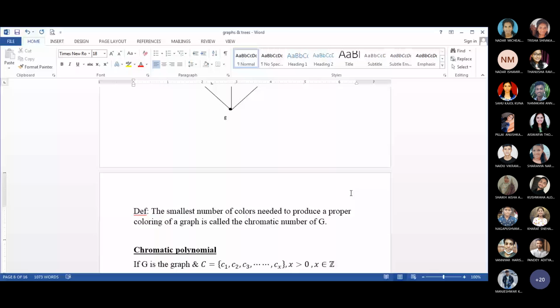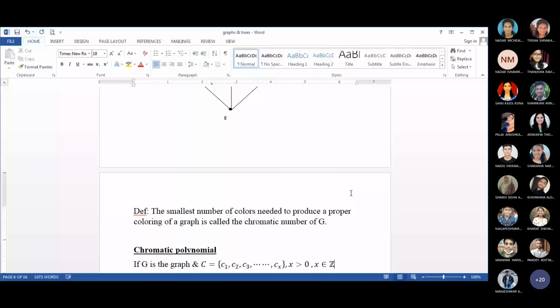Its meaning is the same: minimum number of colors required to obtain a proper coloring of a graph is said to be the chromatic number of the graph.